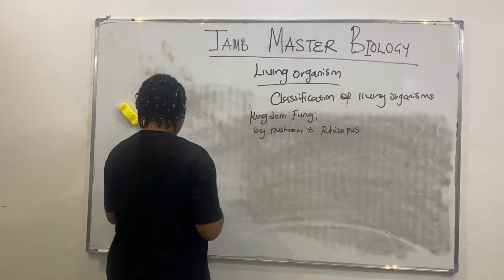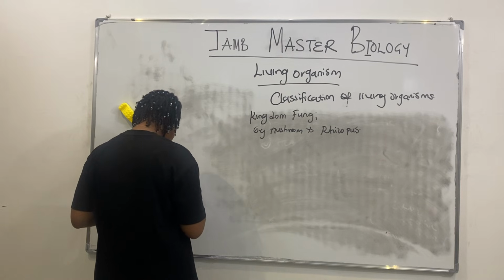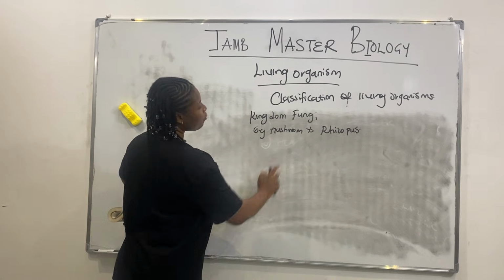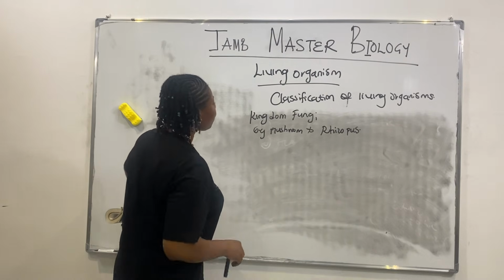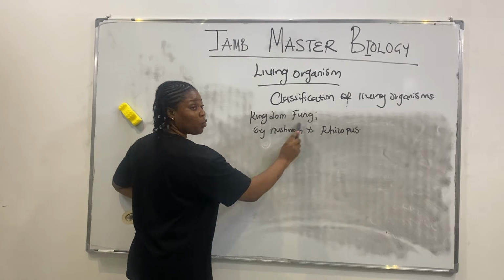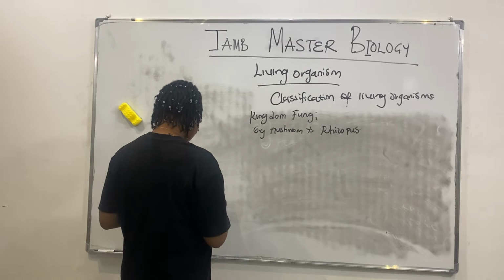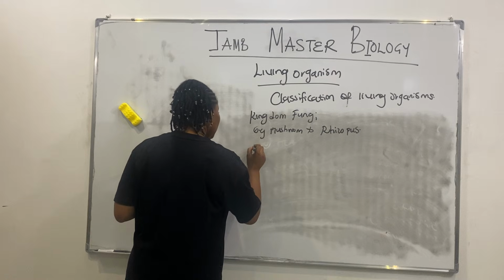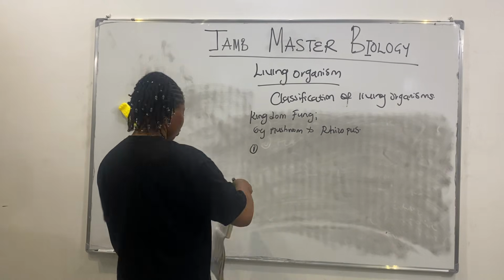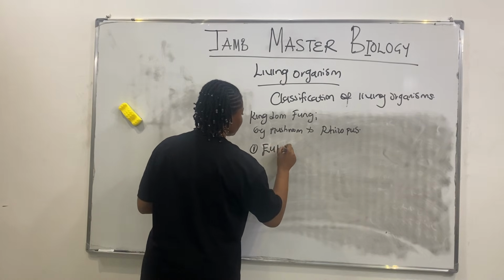Kingdom fungi. We have mushroom and we have rhizopus. So we are going to be considering the characteristics of organisms that are in the kingdom fungi, and one of them is that they are eukaryotic.